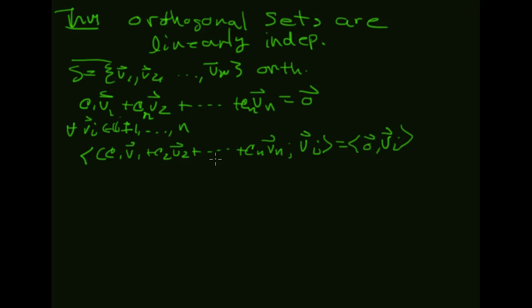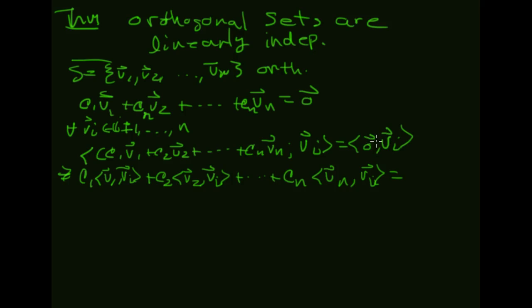Okay, so what does this mean? Let's say, okay, so we can decompose this a little bit, and we can say that c1 times the inner product of v1 comma vi, plus c2 times the inner product of v2 vi, plus cn times the inner product of vn vi should equal, well, 0 inner product with anything is 0.